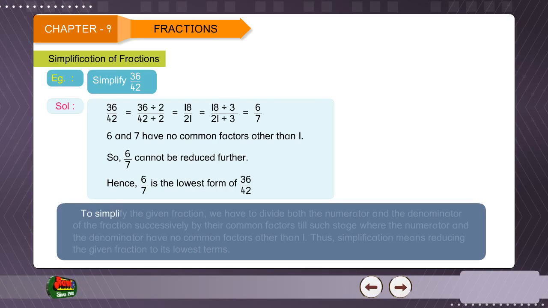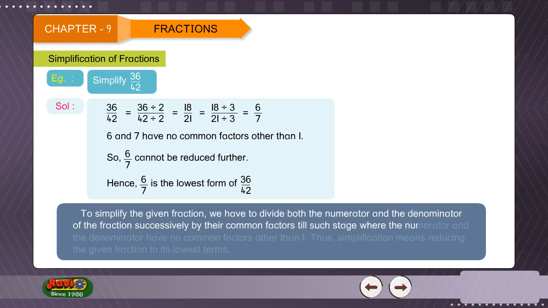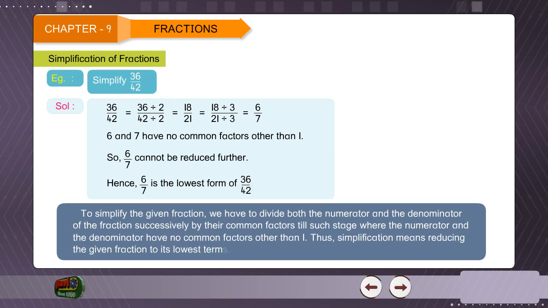To simplify the given fraction, we have to divide both the numerator and the denominator of the fraction successively by their common factors till such stage where the numerator and denominator have no common factors other than 1. Thus, simplification means reducing the given fraction to its lowest terms.